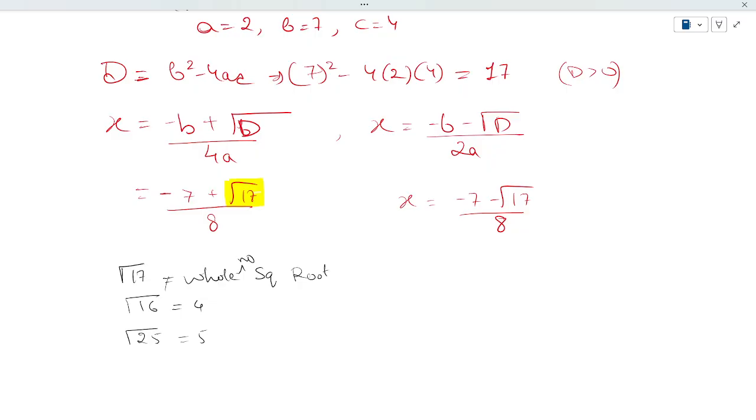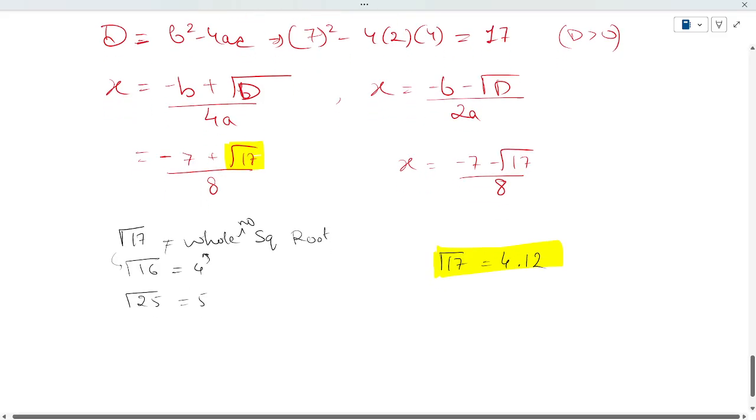Since 17 is very close to 16, under root 17 must be a little bit more than 4. So we can write under root 17 is approximately 4.12.